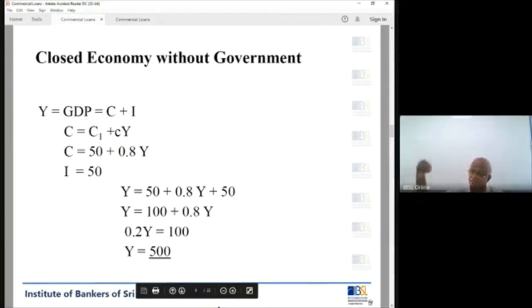Consumption will go up by 80 cents, and the balance 20 cents is saved. MPC is the change in consumption divided by change in income.